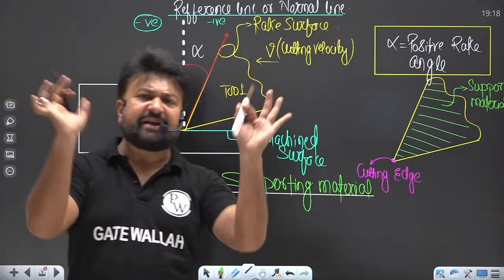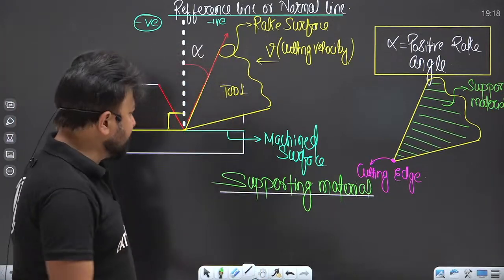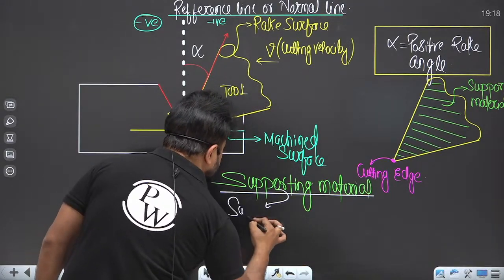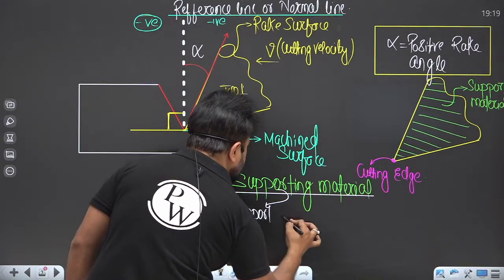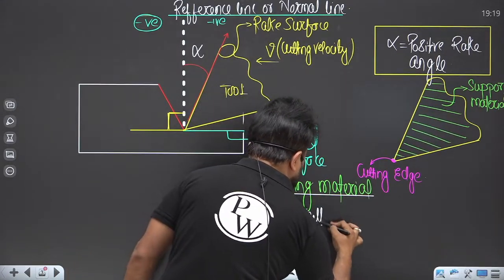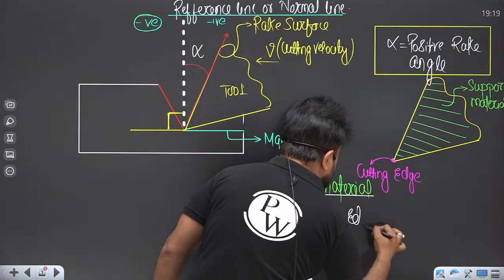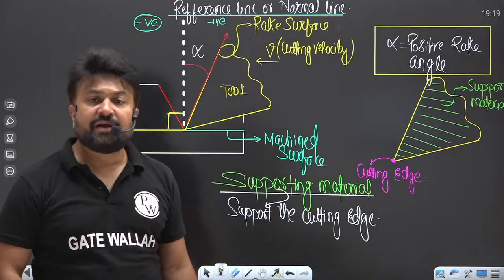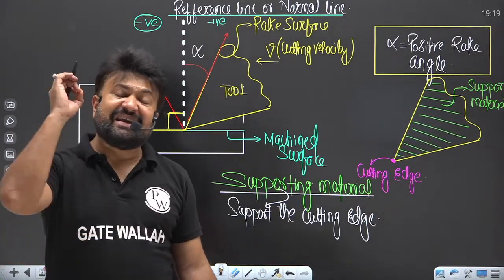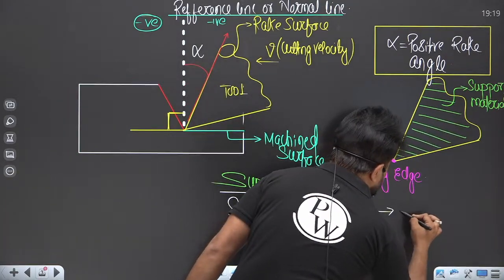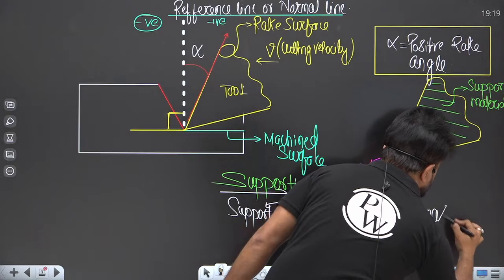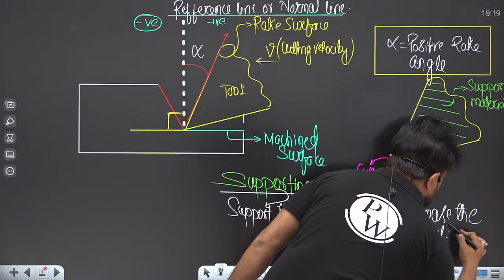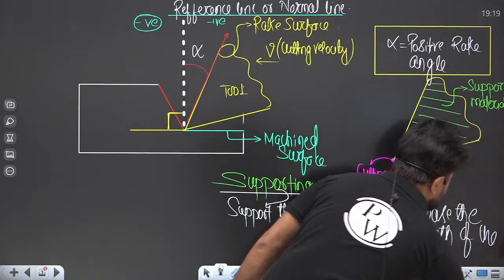Basically, this supporting material will support the cutting edge, right? This supporting material increases the strength of the tool. Yes or no?